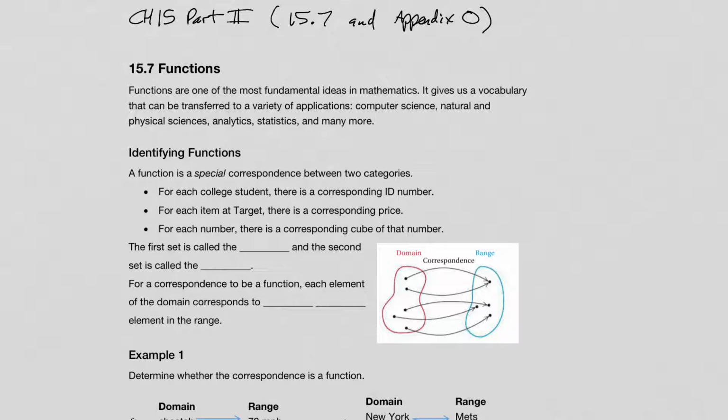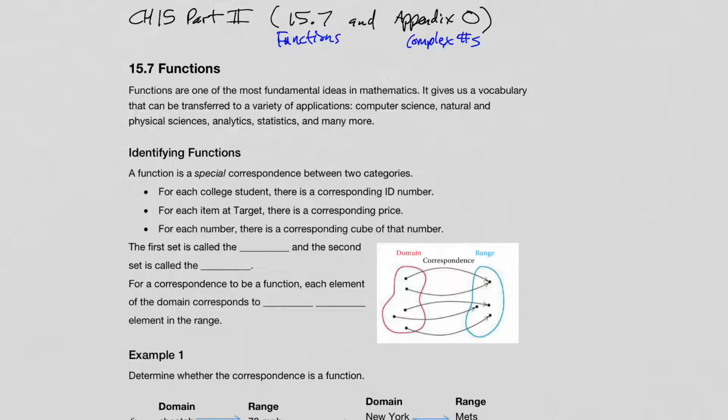So 15.7 is what we're going to talk about today. This is functions. And Appendix O would be complex numbers. Okay, so let's go ahead and get started with 15.7 functions.